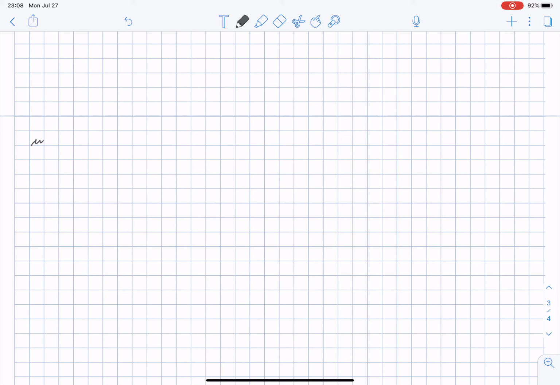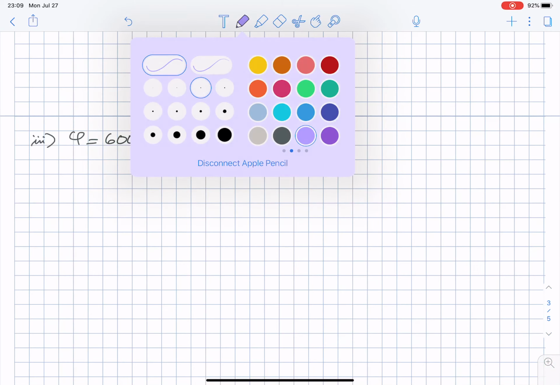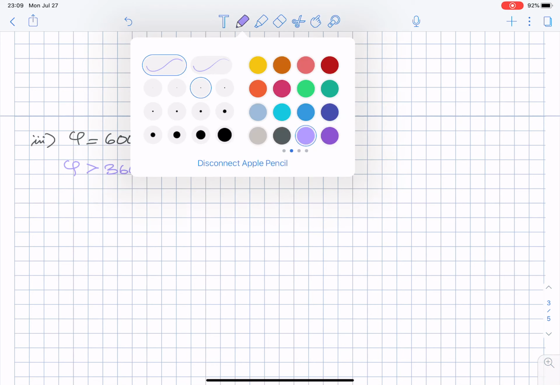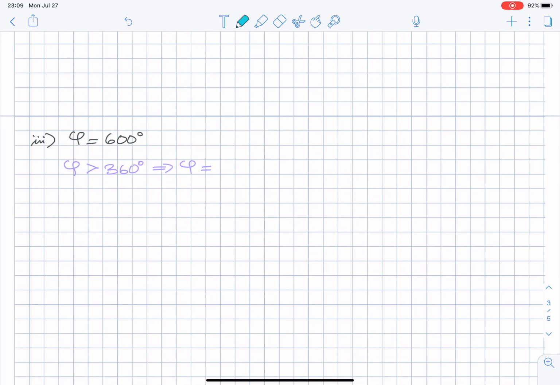So number 3. Let's have phi being equal to, that's a terrible phi, phi being equal to 600 degrees, which is clearly larger than 360. So phi in absolute value is greater than 360. So I claim that my angle phi can be written as some angle, let's call it alpha this time. What shall it be?